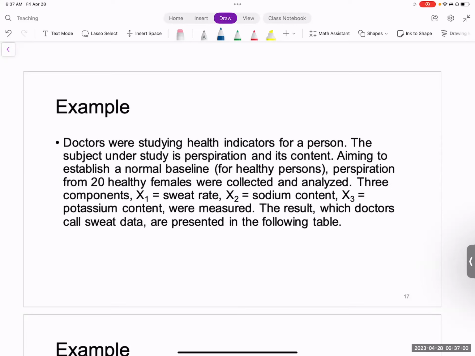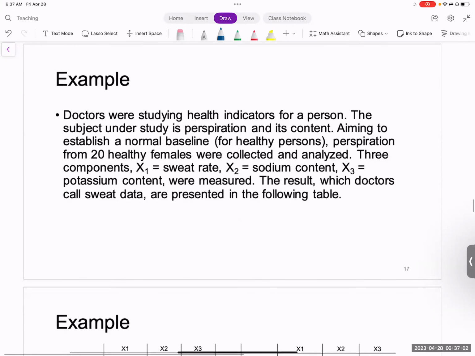So you have 20 healthy females, so the number of samples is 20, and you have 3 quality characteristics, so P is 3. Our quality characteristic X is composed of X1 sweat rate, X2 sodium content, X3 potassium content.